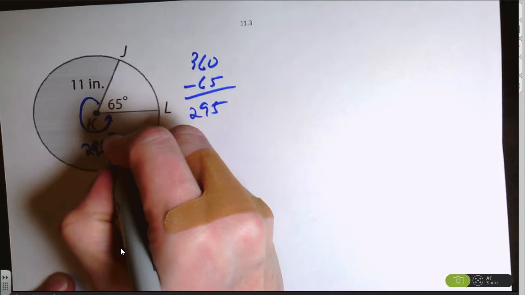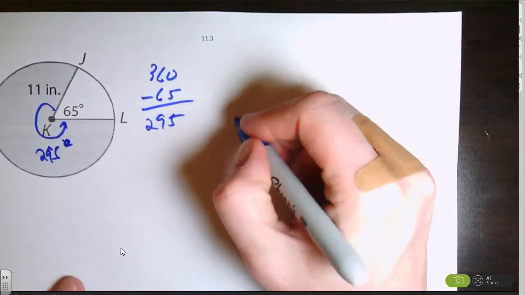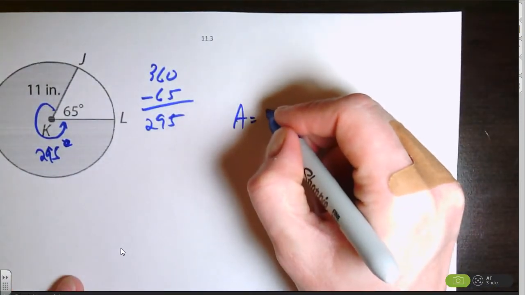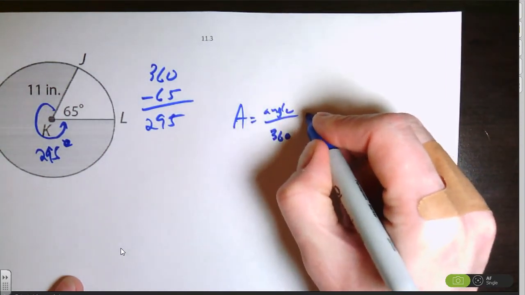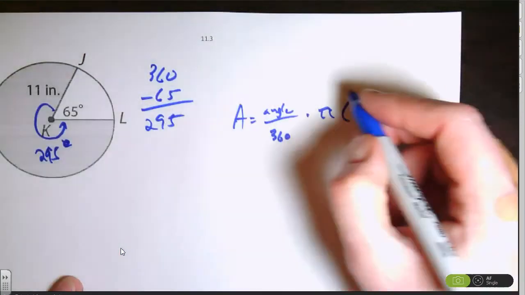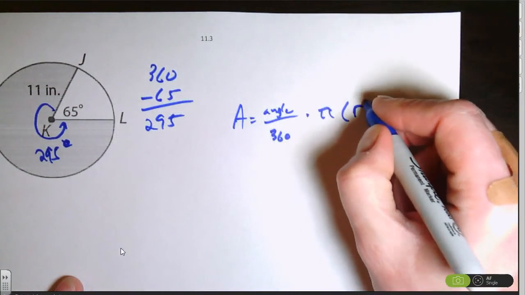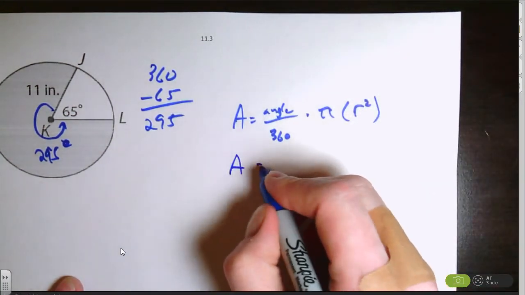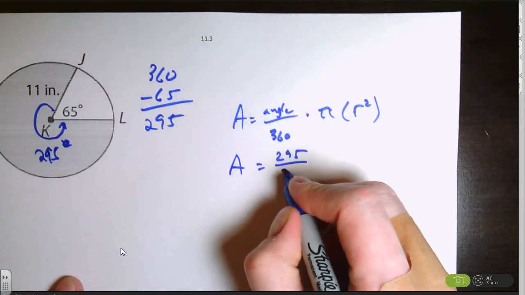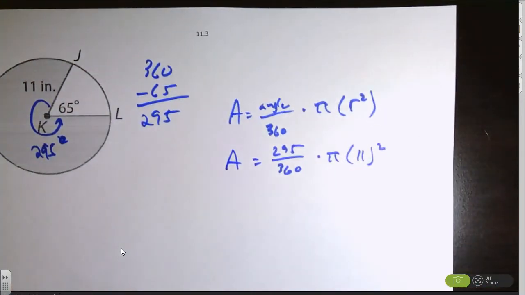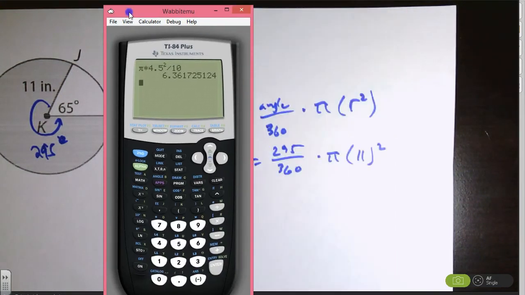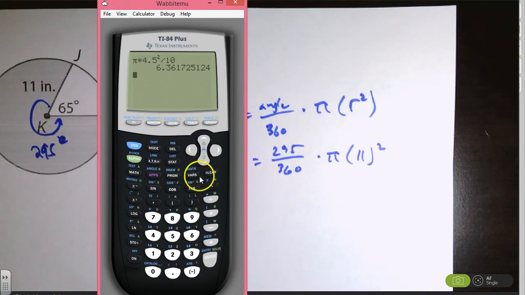So area is going to be angle over 360 times pi times radius squared, which in our case is 295 over 360 times pi times 11 squared. Now when you do this with your calculator, put the 295 over 360 in parentheses.